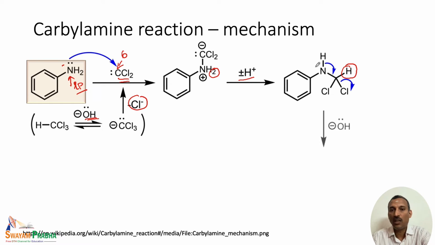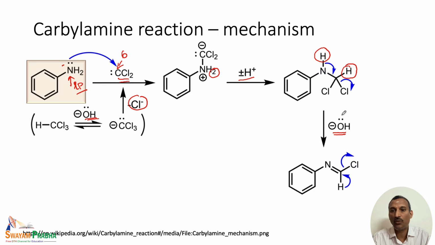This leads to the concomitant loss of the hydrogen, as a base abstracts this particular proton. The base is the hydroxide, which abstracts this proton, and the chloride is the concomitant leaving group, which leads to the formation of this amine type intermediate.